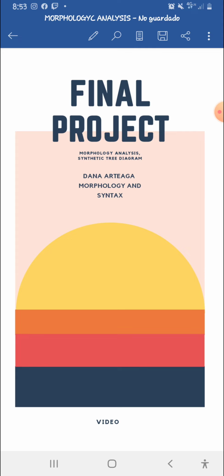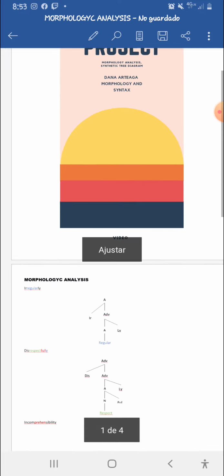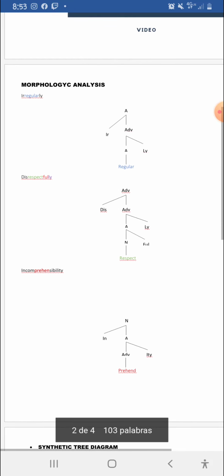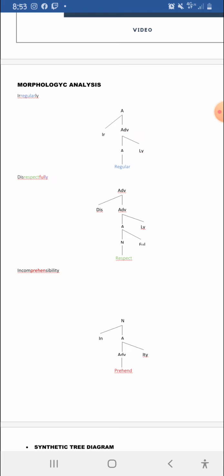Words determined equally, if it is a pronoun, noun, verb, adjective, determiner, etc. Gender, number, conjugation, person, time, mode, etc. Now I will give an example of a morphological word and we will analyze it.